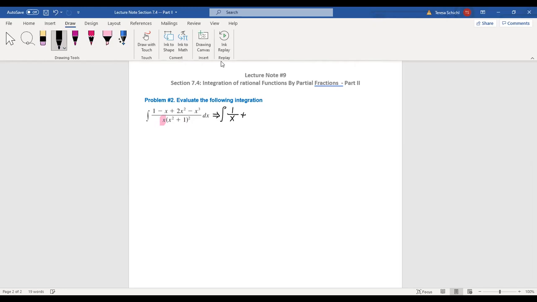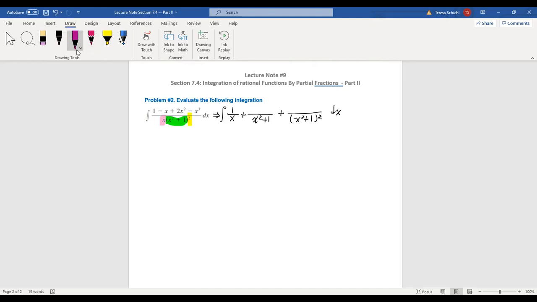Then plus, here be careful, I have x squared plus 1, but I have the square term. So I need to break it, so I will have x squared plus 1, and plus x squared plus 1 to the square term, dx, right?